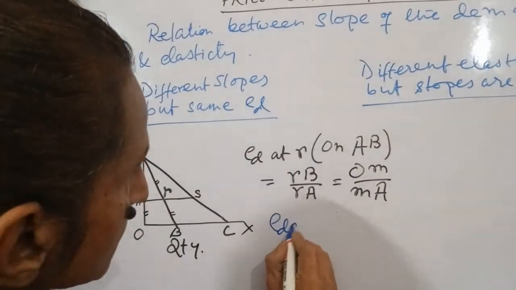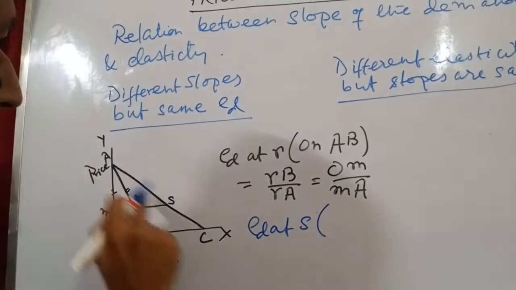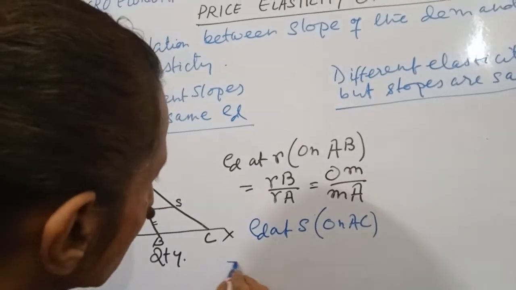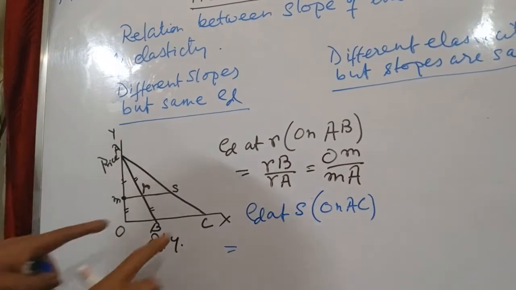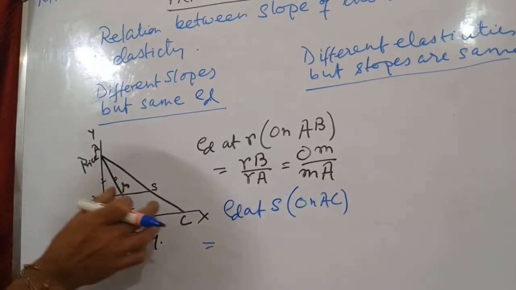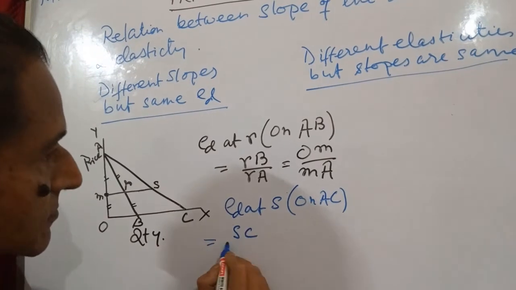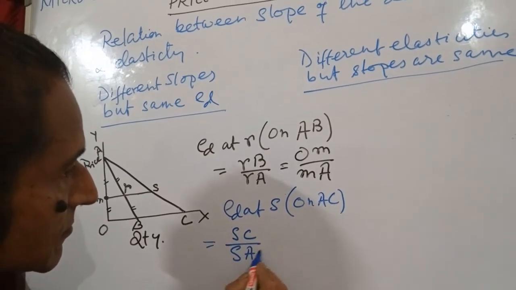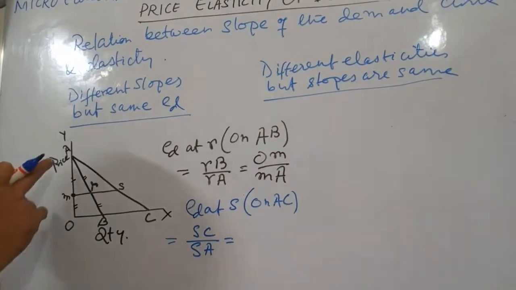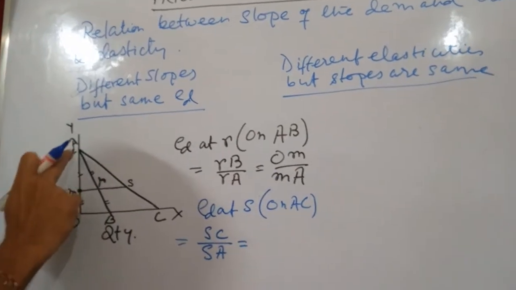Then elasticity of demand at S, that is on AC, equals again lower segment by upper segment, that is SC by SA. Now SC by SA, you consider this bigger triangle AOC.